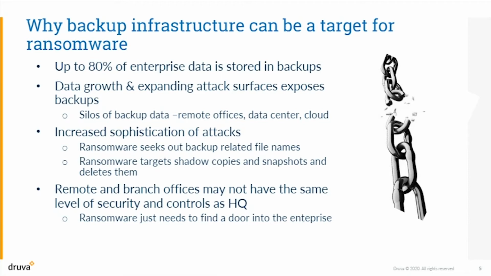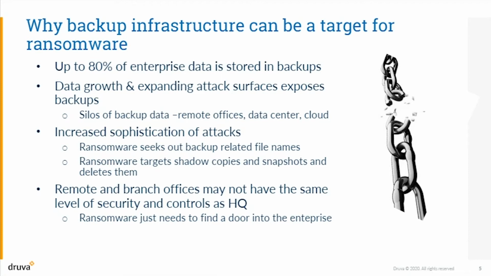The other element is that the sophistication of attacks has increased, and so ransomware will really try to get in and attack anything it can, but there certainly has built-in additional elements to seek out any types of files or other indicators that it's discovered backup data, right? A great example of that is ransomware that targets shadow copies or snapshots and simply attempts to delete them.